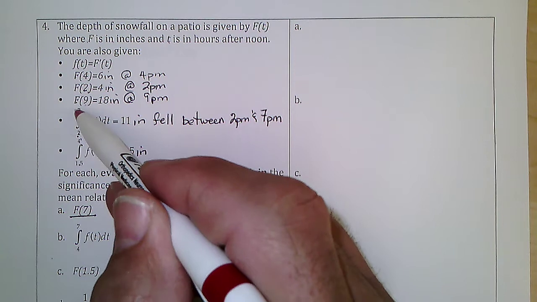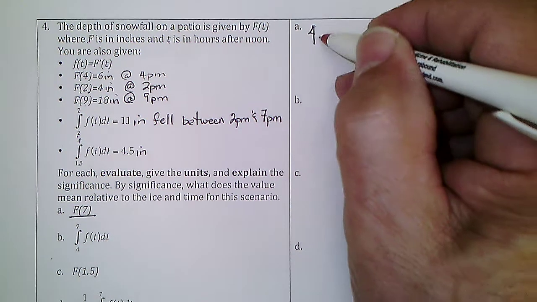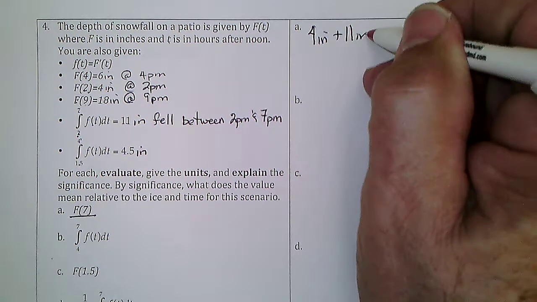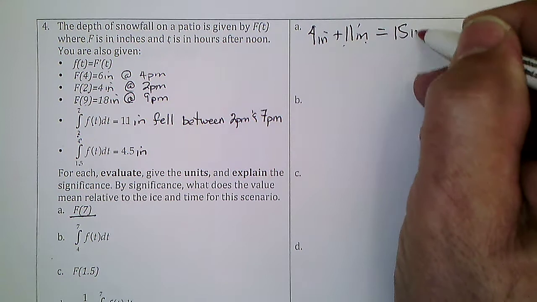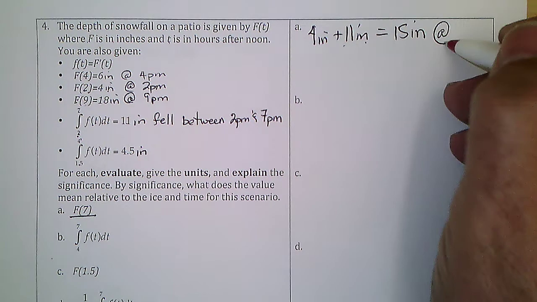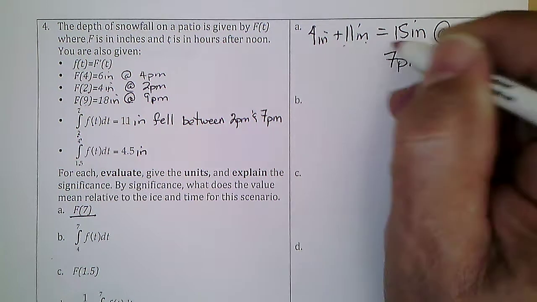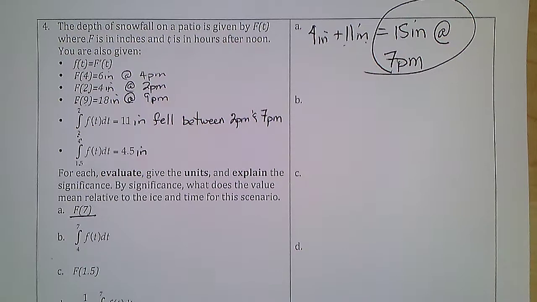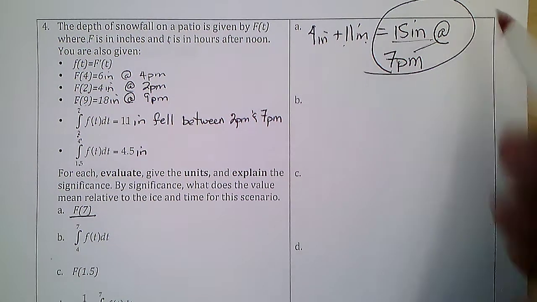And then from 2 to 7 there was 11 inches. So we had 4 inches at 2 plus 11 more inches from 2 to 7, so there had to be 15 inches at 7 p.m.